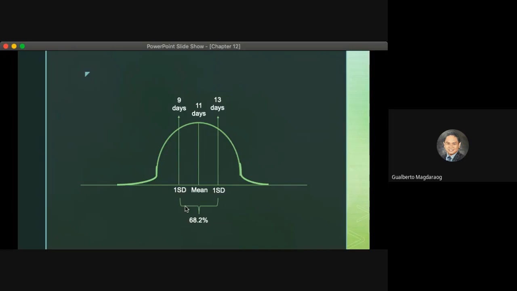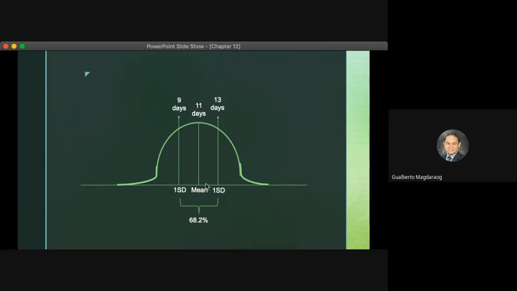We have 68.2%. And how did we get 68.2%? You have a copy of the table on page 377, and then look for the z value of 1.0. You will find an area of 0.341.